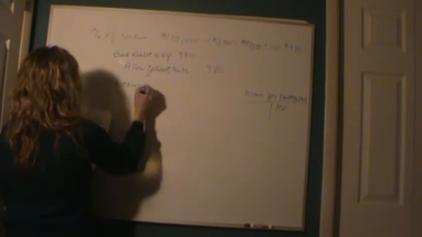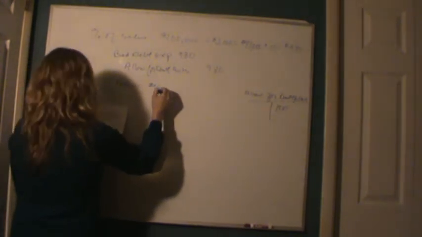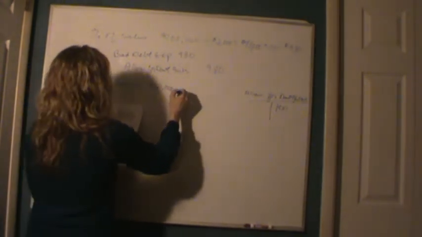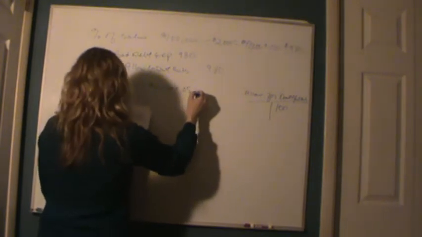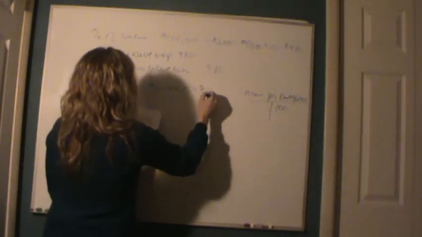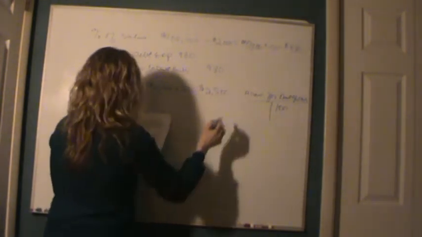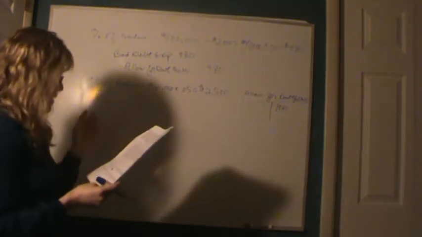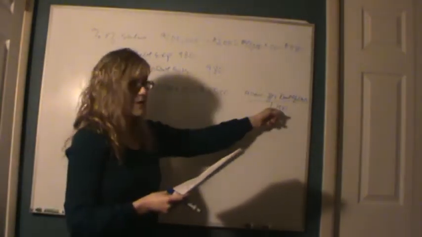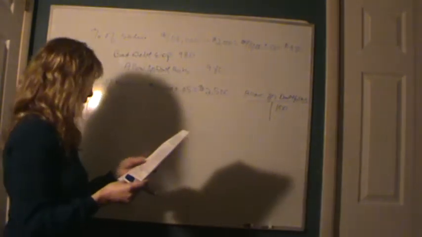Okay? So let's go ahead and do our entries. First of all, we have $50,000 of accounts receivable. We believe 5% will not be collected, so that is $2,500. Well, we already have a $100 balance, right? So we have to take that into account.